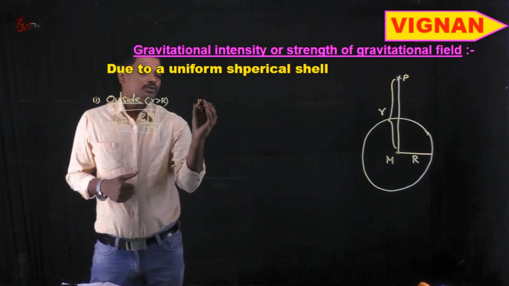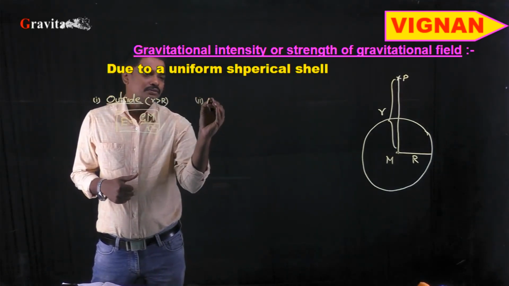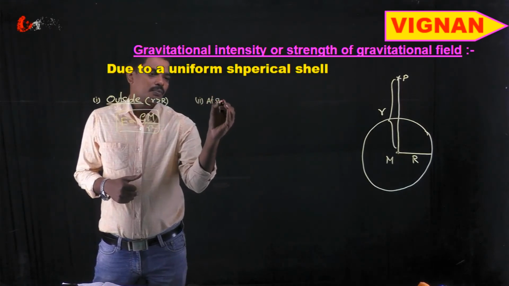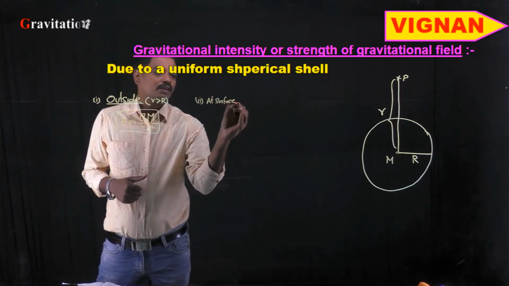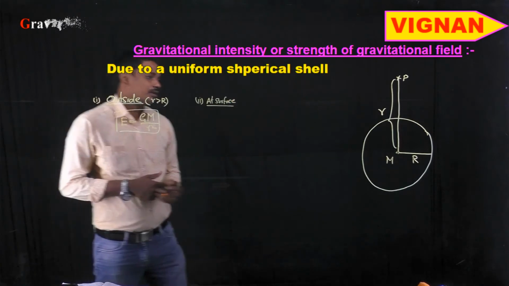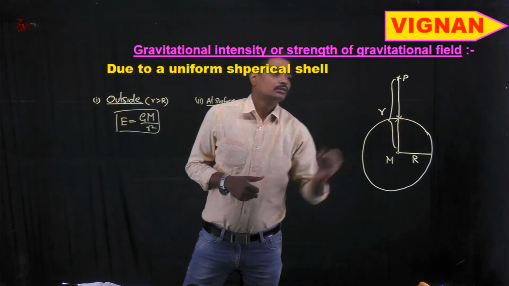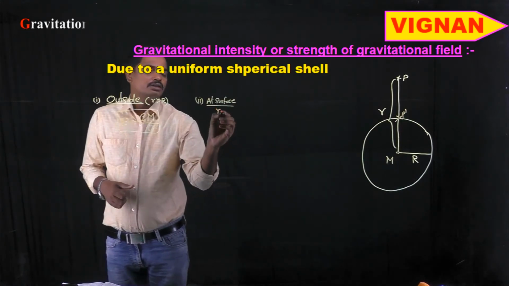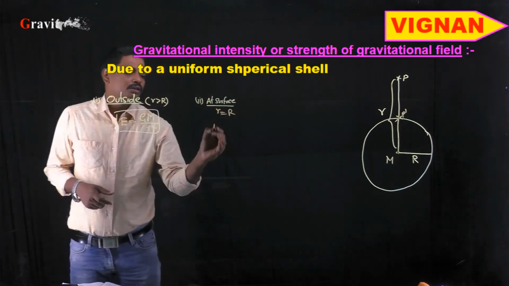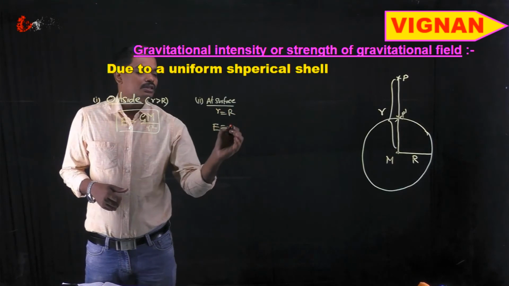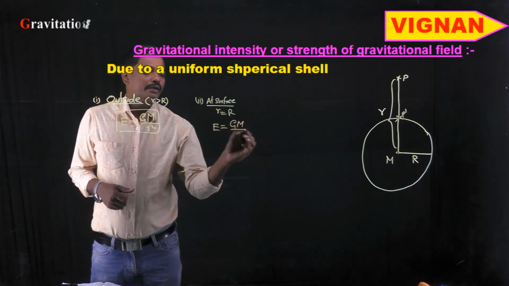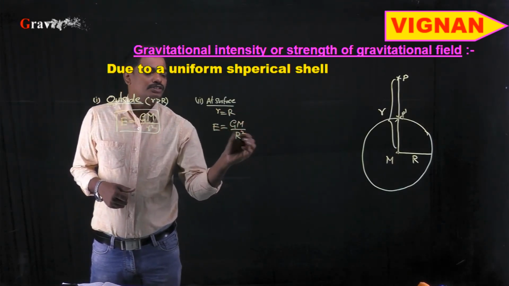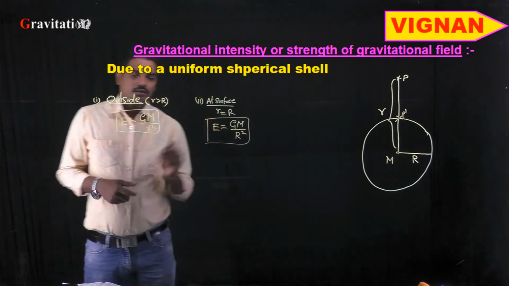Now if we go to the case of at the surface of the hollow sphere, that is at a point P dash, where r is equal to capital R, then the intensity of the gravitational field E is equal to G M by capital R square, right?